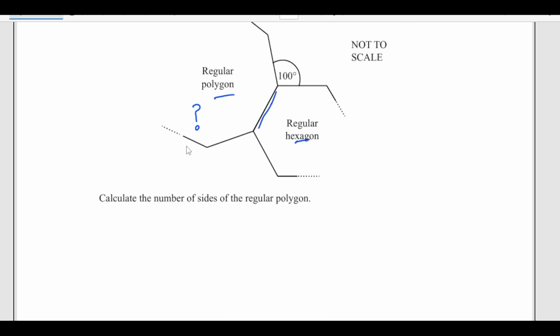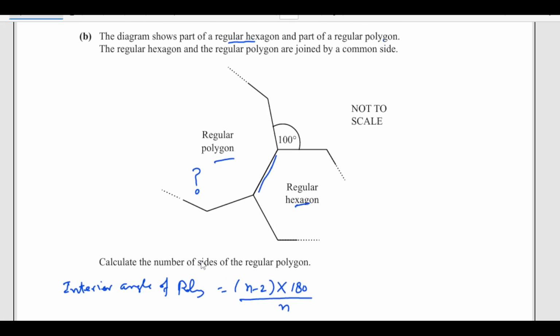So we have to start with the known things. The interior angle of a polygon, you know that, is (n minus 2) times 180 over n, where n is the number of sides, right. So this one is the interior angle, we can find it from here.